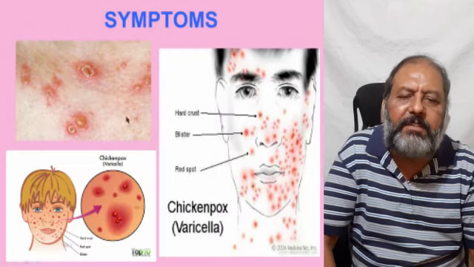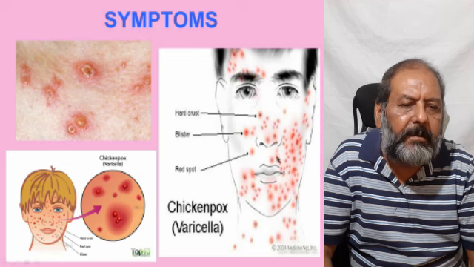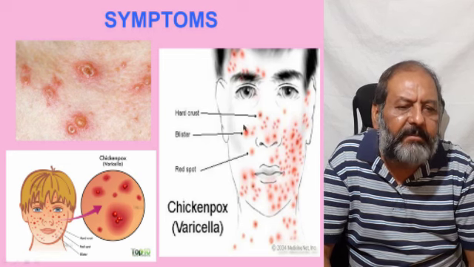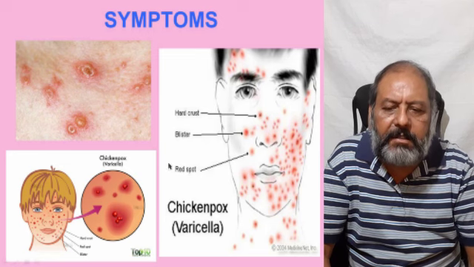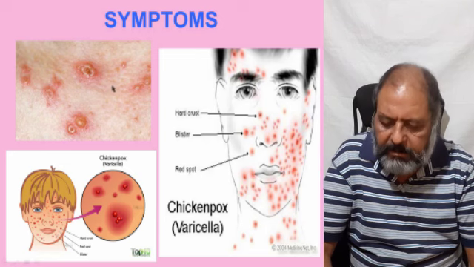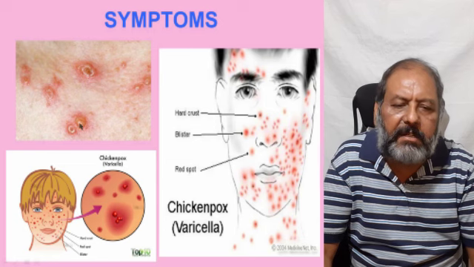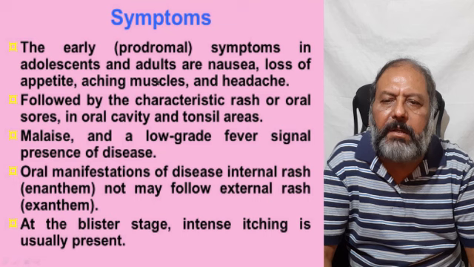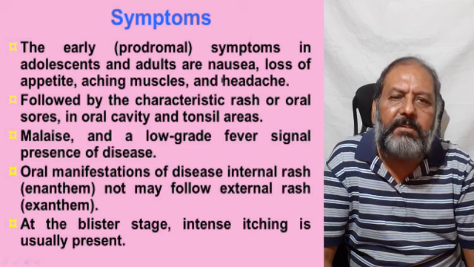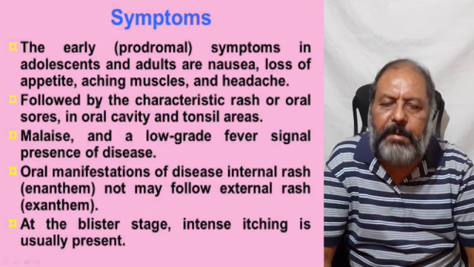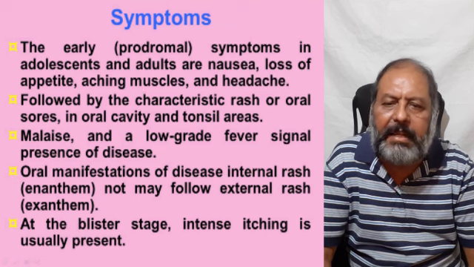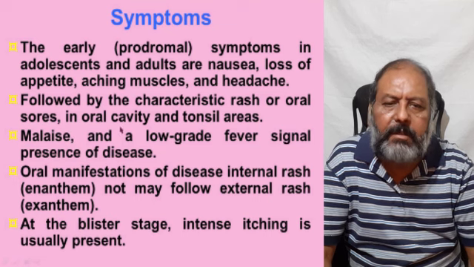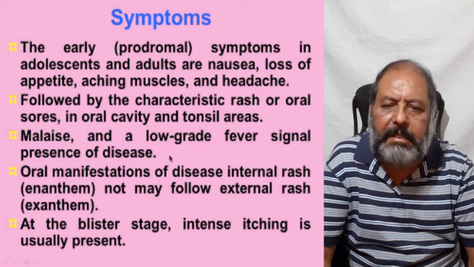So here one can see the symptoms: first the red spots appear, then blisters, and then hard crust. Similarly, these are the scabs and the crust. Now, the early prodromal symptoms in adolescents and adults are nausea, loss of appetite, aching muscles, and headache, followed by the characteristic rash or oral sores in the oral cavity and the tonsil area.